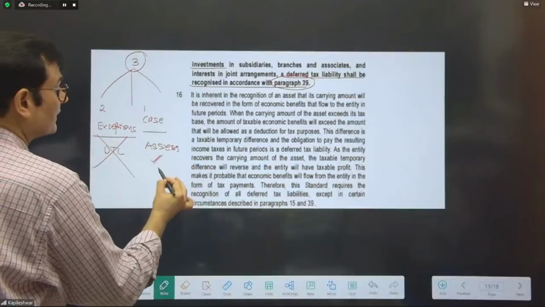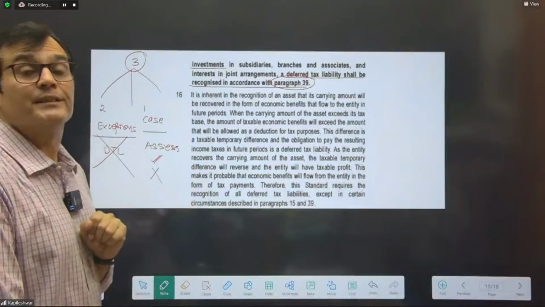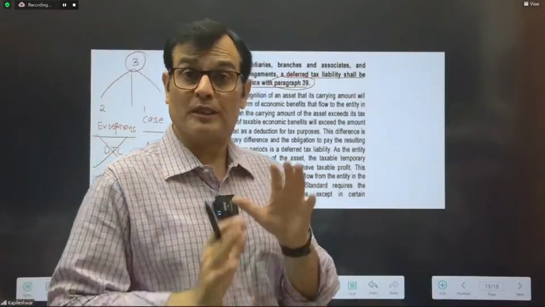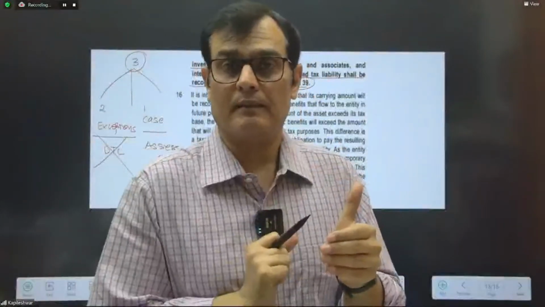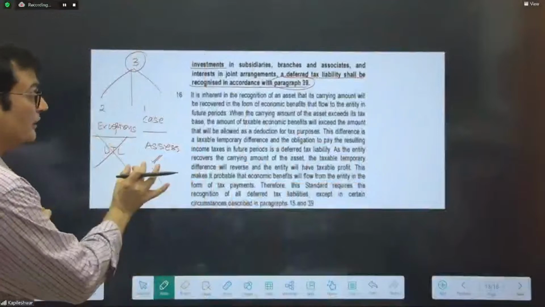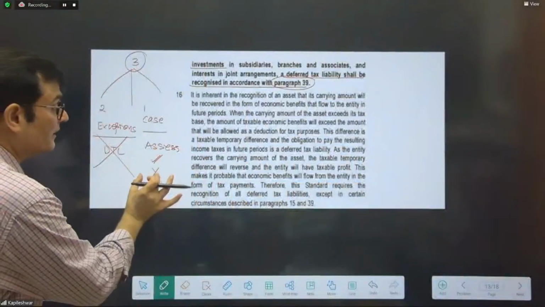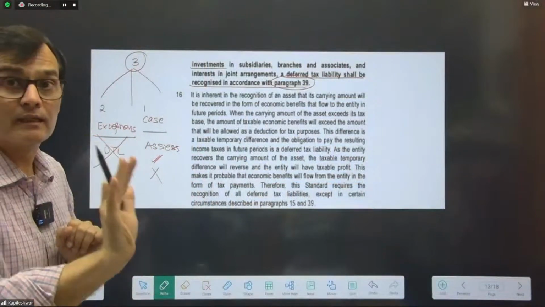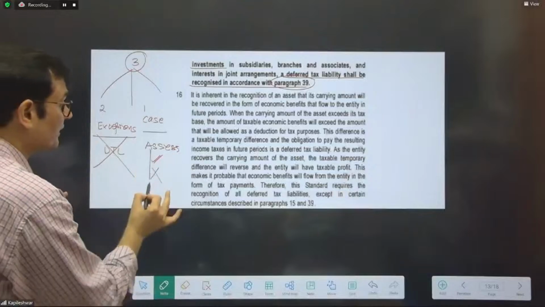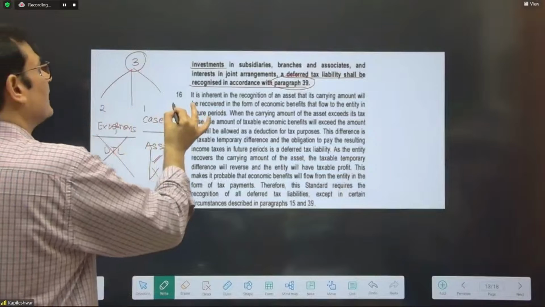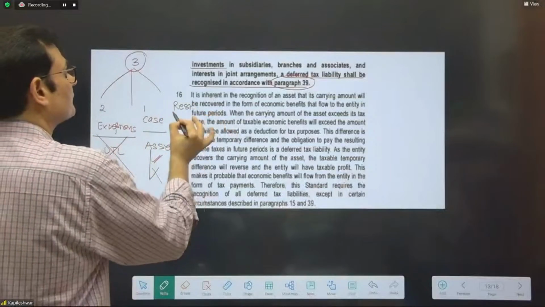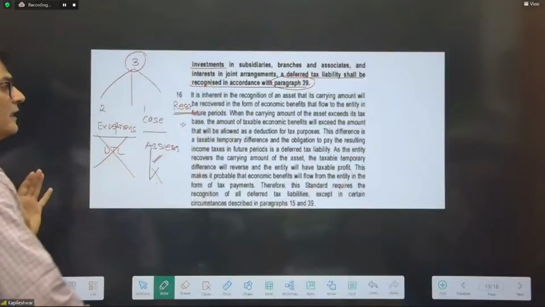It may be created, it may not be created. So there are 2 exceptions, you cannot create at all. And there is one case where you need to assess, maybe I create a DTL, maybe I don't. So this is a case where it may or may not be created. You need an assessment, and in all the rest of the cases you will recognize a DTL without any ifs and buts.